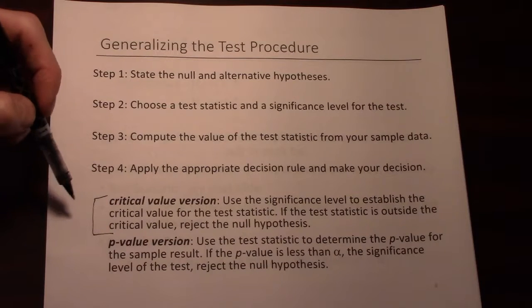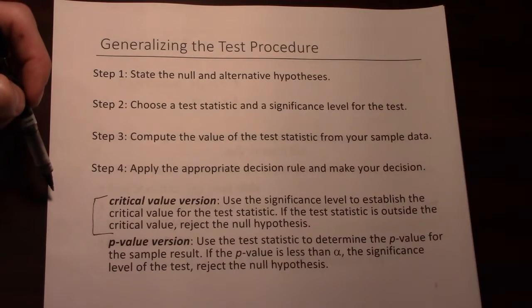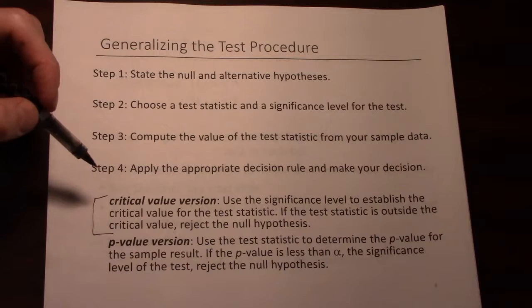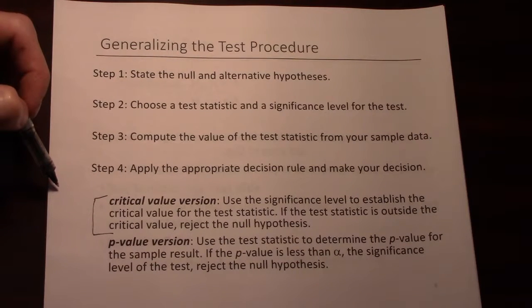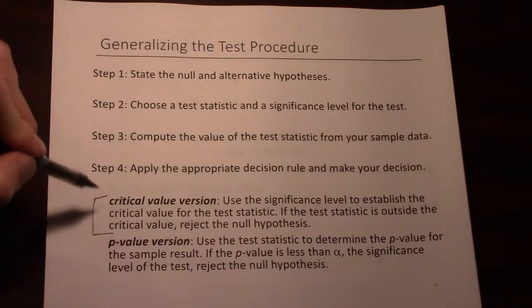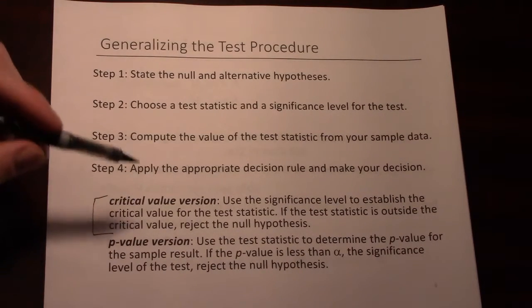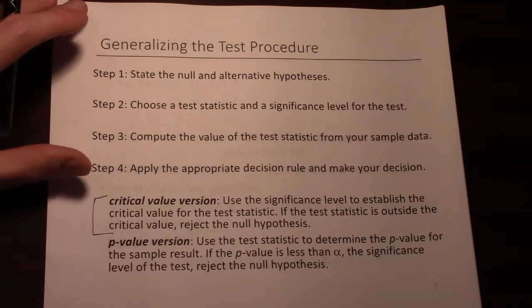So we're going to find the 5% of the data in the upper tail, 5% of the data in the lower tail. If we're looking at a z-distribution, that would be 1.65 positive, 1.65 negative, and if our test statistic is outside of that, meaning greater than 1.65 or less than negative 1.65, we reject.